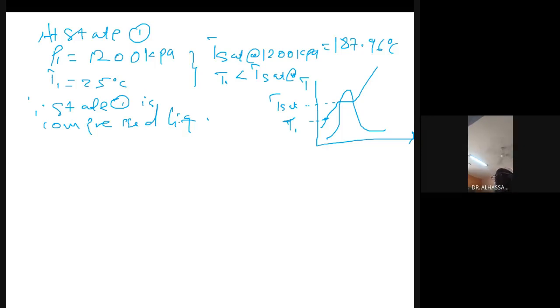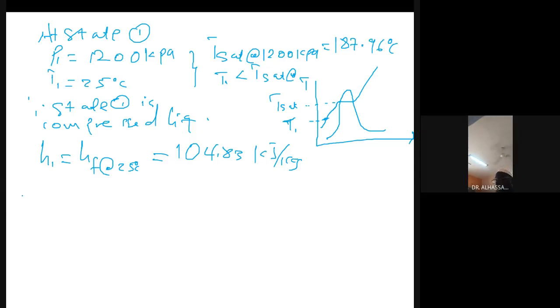So we conclude over here that the enthalpy H1 is equal to HF at the given temperature, not pressure. This gives me 104.83 kilojoules per kilogram. So that is it for state 1.